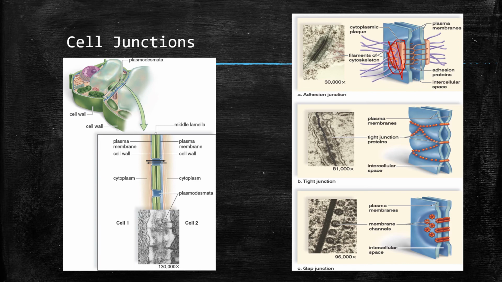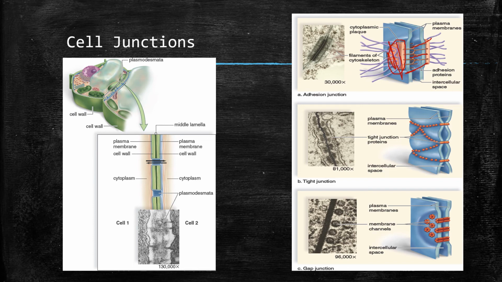And then there are proteins across here to help them adhere to one another. And so we see these often in muscles, for instance, or in skin, things that stretch a lot. These adhesion proteins allow for that stretching to occur, but those cells to still stay together.